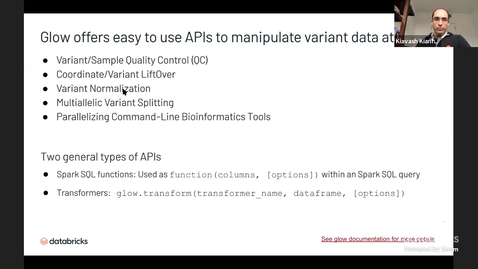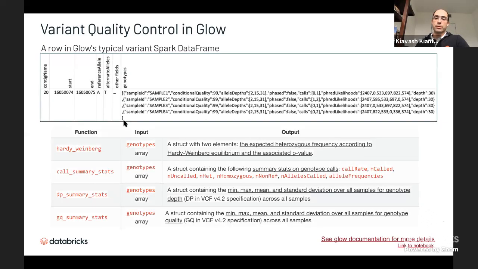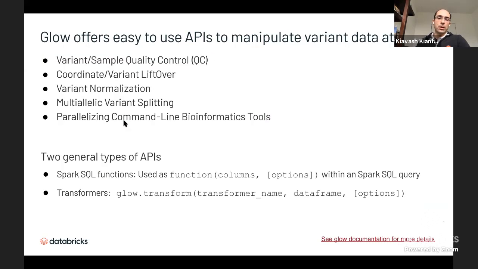We can easily do variant normalization at scale using Glow, or do the splitting of multi-allelic variants, which is normally done as a precursor to many downstream genomic analyses. And we even have a very cool feature: if you have a custom bioinformatics tool that is a command line tool, we can support parallelizing it using Glow with something we call a pipe transformer, which I will talk about briefly.